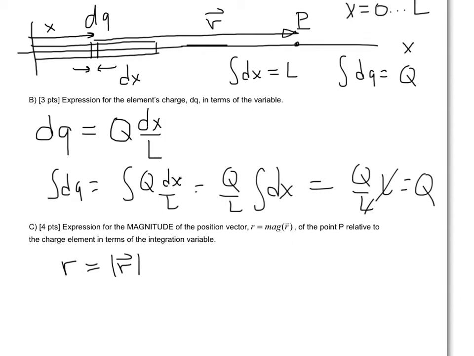So we know that x plus r equals 2L, which tells us that r is equal to 2L minus x. That really makes sense, right? Because this whole distance is 2L, you subtract out x, and then you get the distance of the charge element to the point in question.